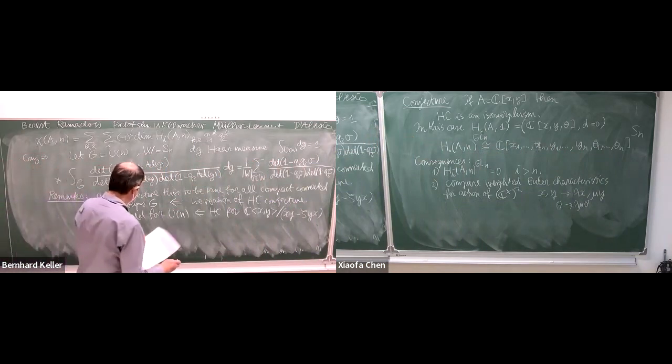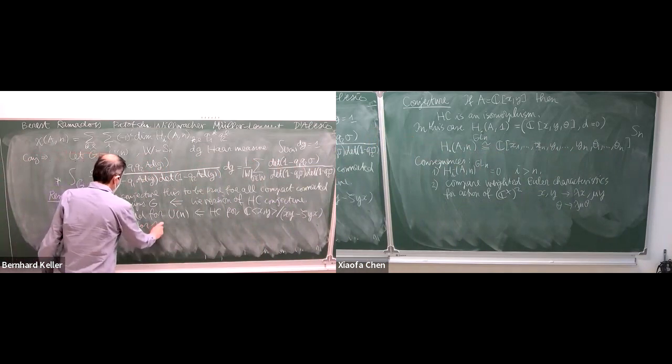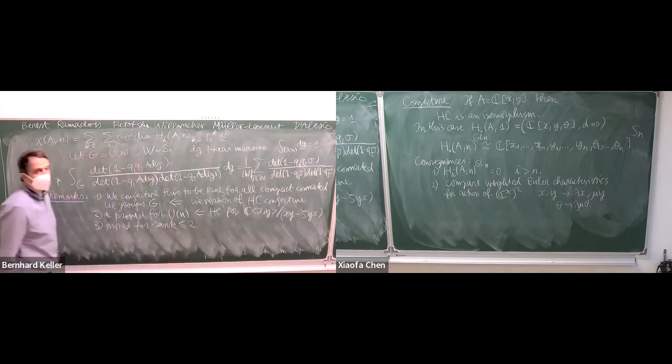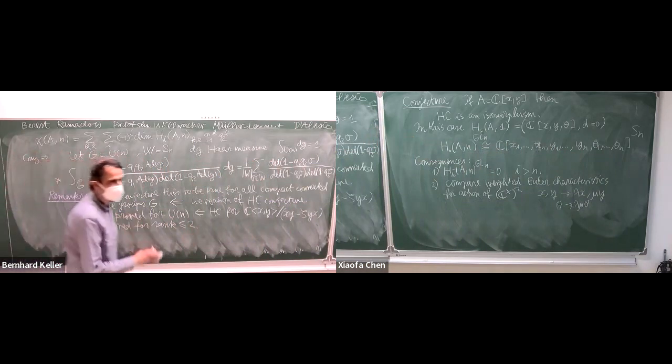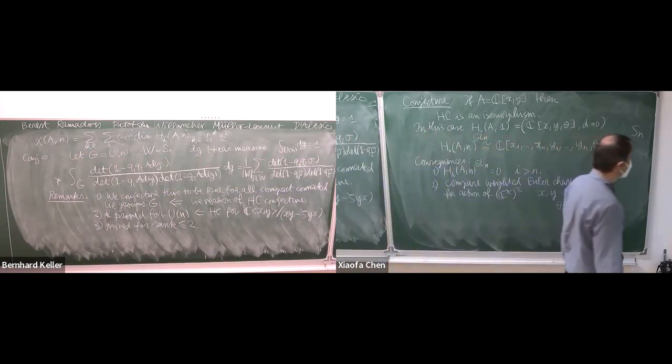And then there is a rule: rank smaller than 2, and including for G2, right? So at least that gives us some confidence. It works even for exceptional groups.